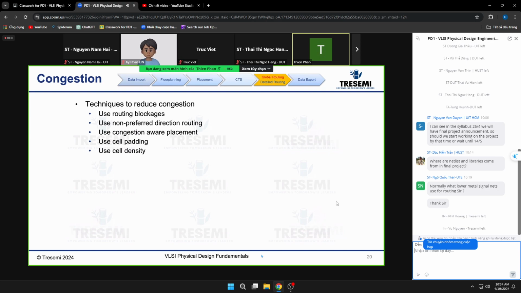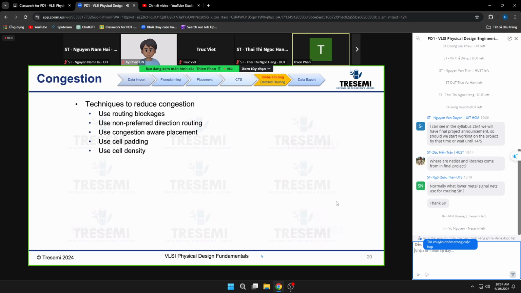Usually congestion is okay but timing is bad, and then it's okay. But if the congestion during CTS is really good, and then you come to routing and congestion is really bad, usually that's not the case, right?